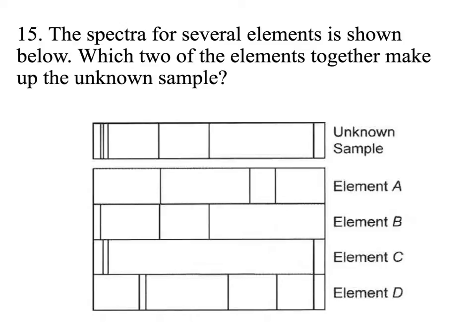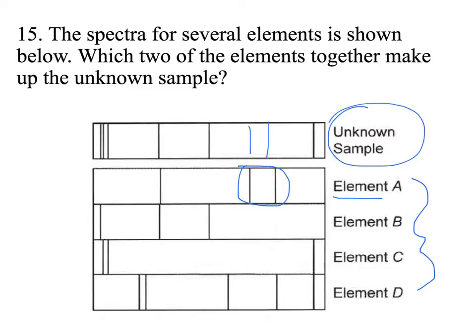We've seen this one before too. We're looking at an unknown sample, and we have 4 exemplars down here of bright line spectra from other known elements. So what we want to do is look and see what the unknown sample is made of. If we look at element A, we see that there are these 2 lines right here which do not appear up in the unknown.